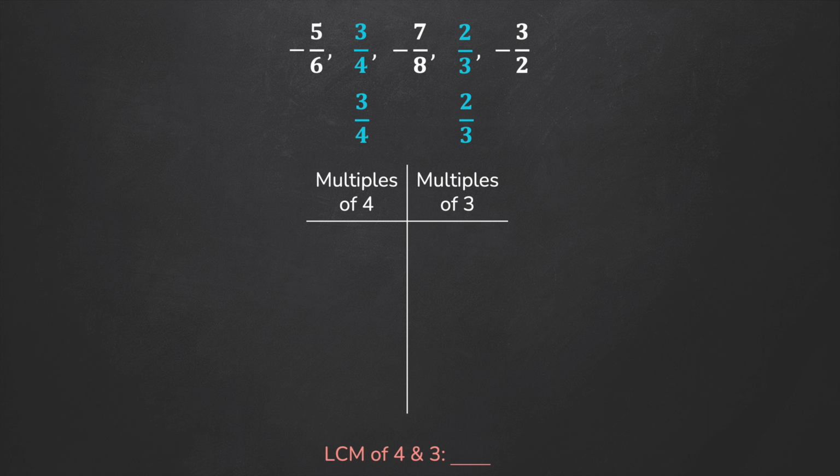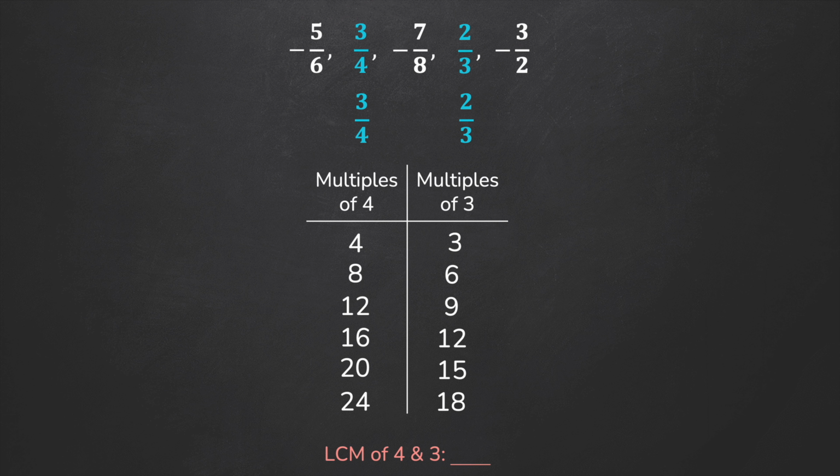So we have to find the least common multiple between 4 and 3. And some multiples of 4 are 4, 8, 12, 16, 20, and 24. Some multiples of 3 are 3, 6, 9, 12, 15, 18.